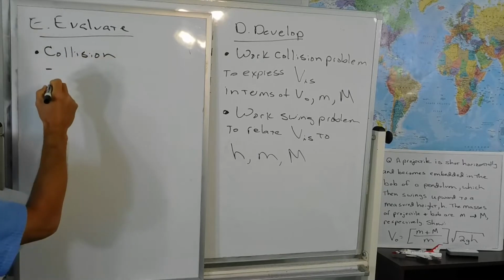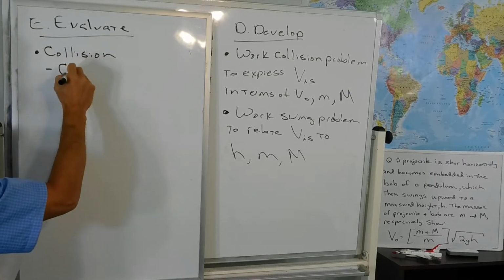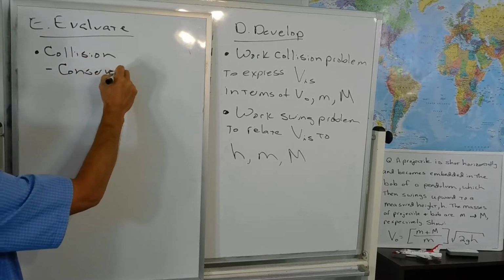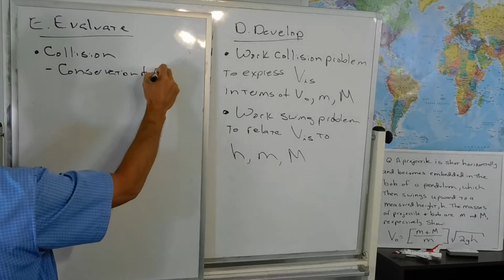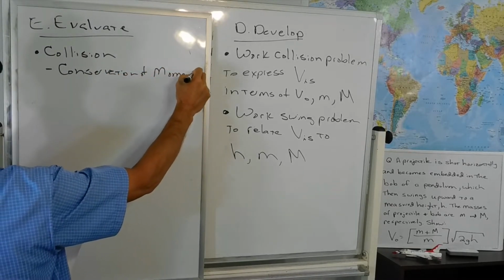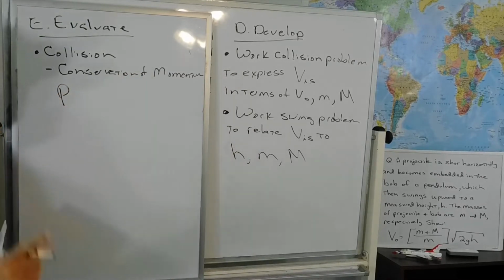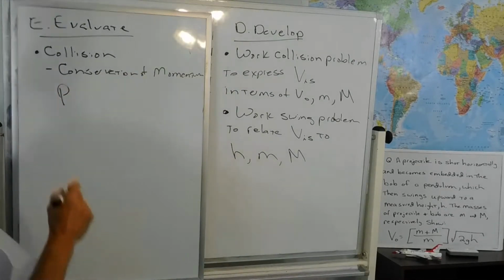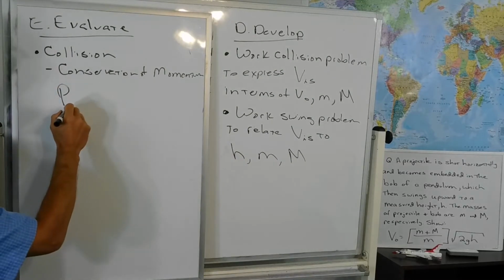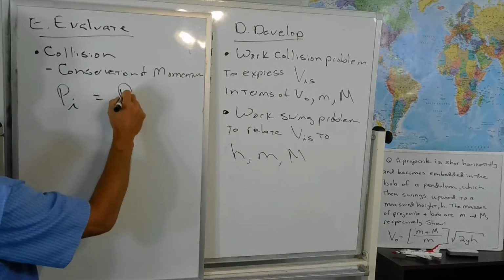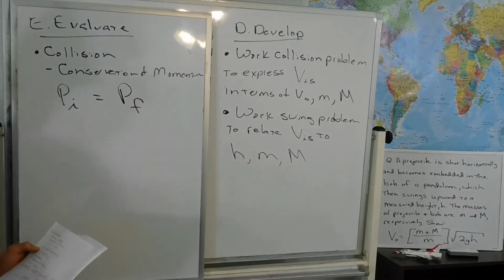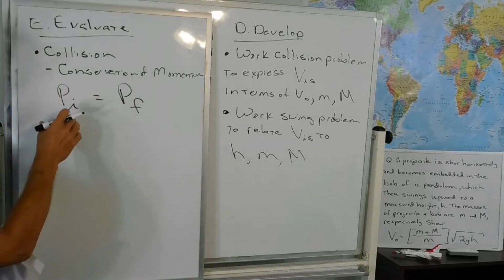And the principle here is momentum conservation. And the big thing with conservation of momentum, now this is all in one dimension, so we can dispense with the vector notations. It's just P initial is equal to P final. Now let's think about this.